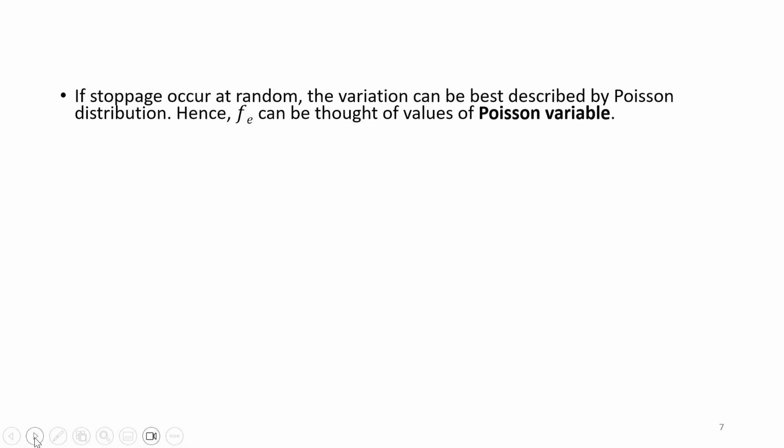If stoppages occur at random, the variation can be best described by Poisson distribution. Hence, Fe can be thought of as a value of a Poisson variable.